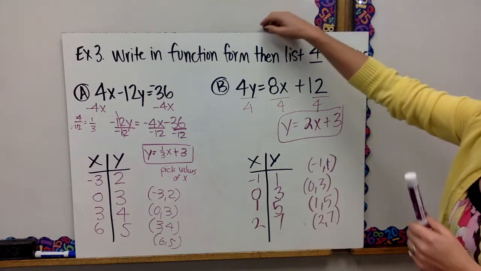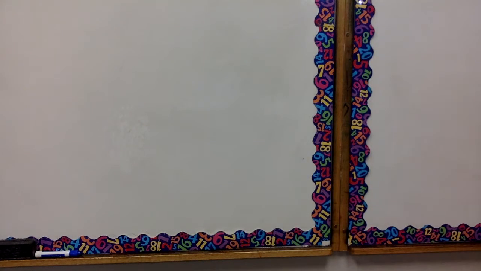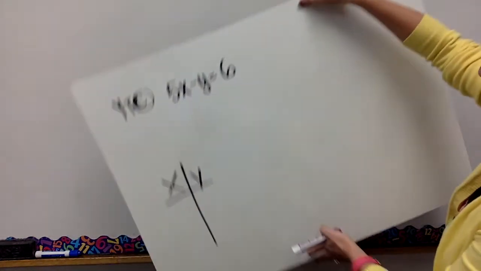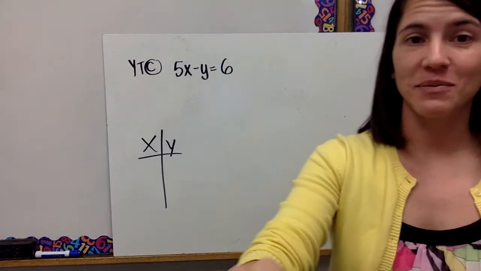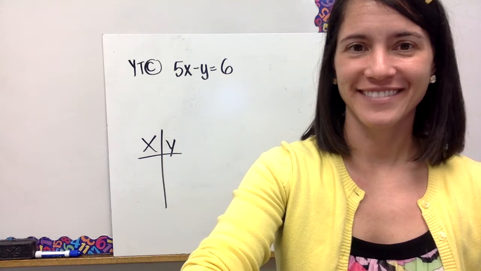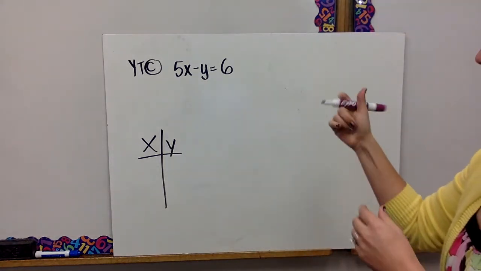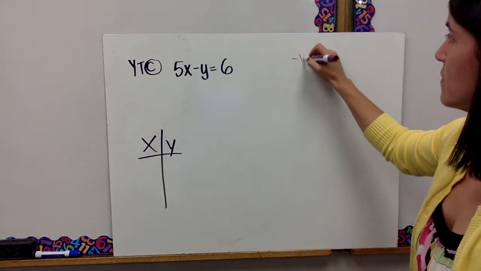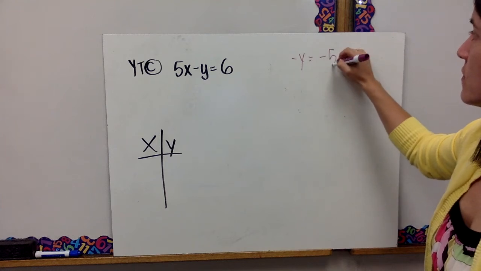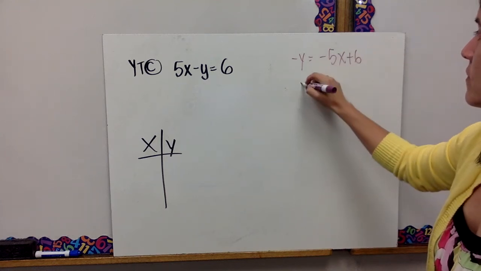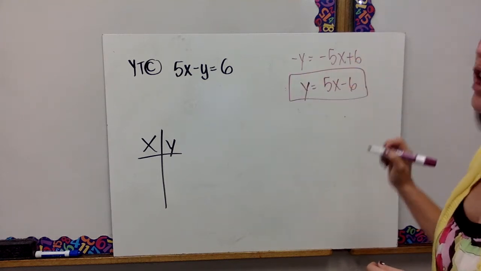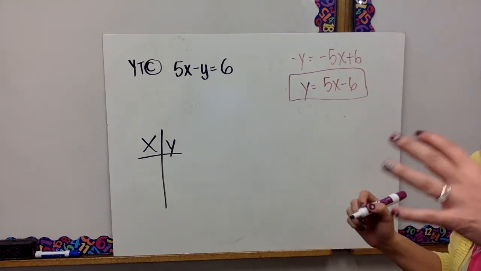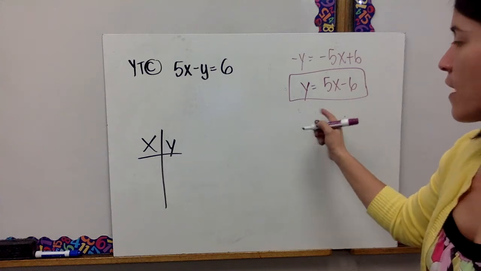Okay? So, on this one, I want you to try. Pause it, you try it, and then press play when you're ready to see the answer. All right, here is the function form. Subtract 5y, divide by -1.